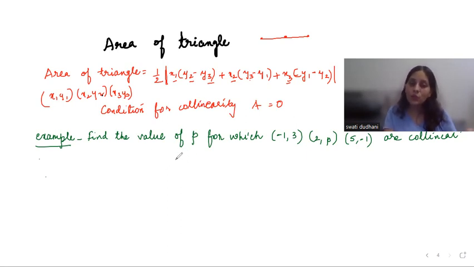Here I'm going to use the area of triangle concept. Let me take this as x1, y1, x2, y2 and x3, y3.